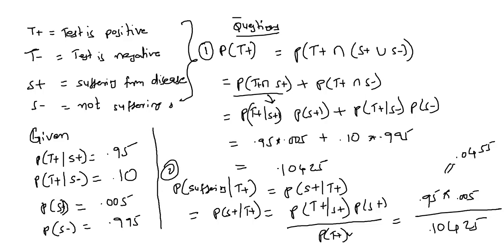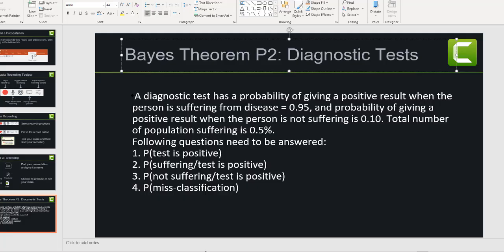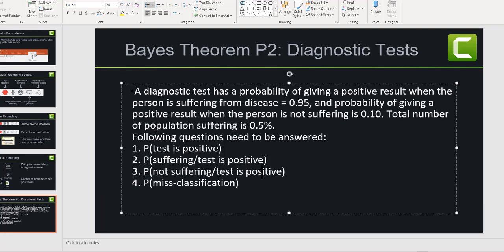Let's look at the next. Actually, let's change the problem a little bit and say, what is the probability of somebody not suffering when the test is negative, right?